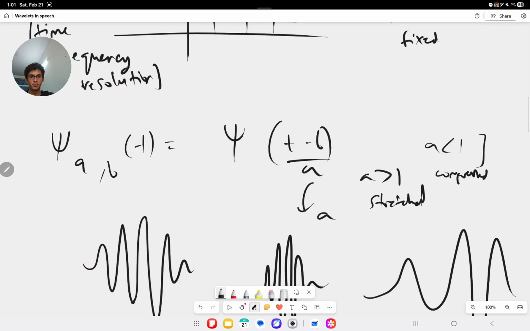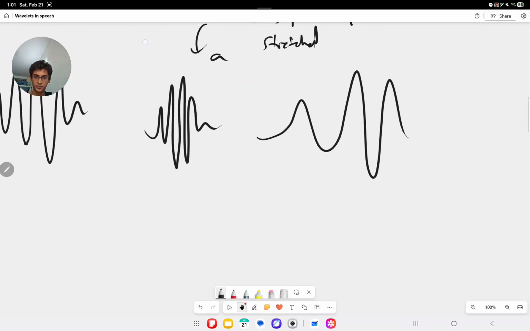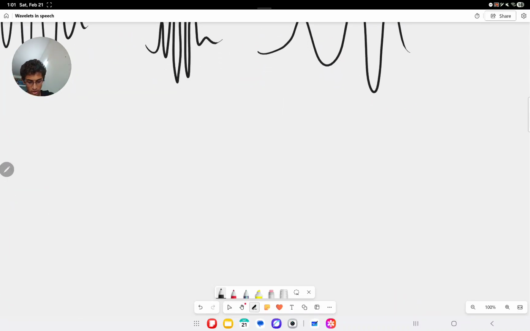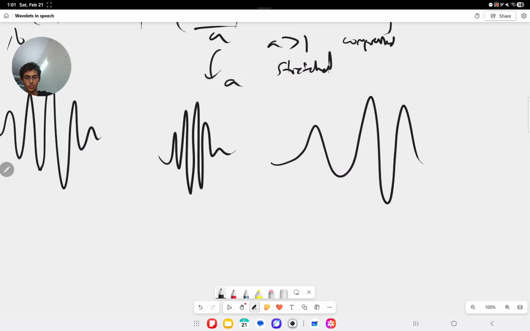And B is the same thing that we were doing in windowing. I'm shifting and applying it, serving the same purpose as before, so there is nothing different there. Now the big advantage of the squeezing and shifting is that my window isn't fixed. Whenever I want a better understanding of transients, as in high peaks or short periods of time, I can take this wavelet.